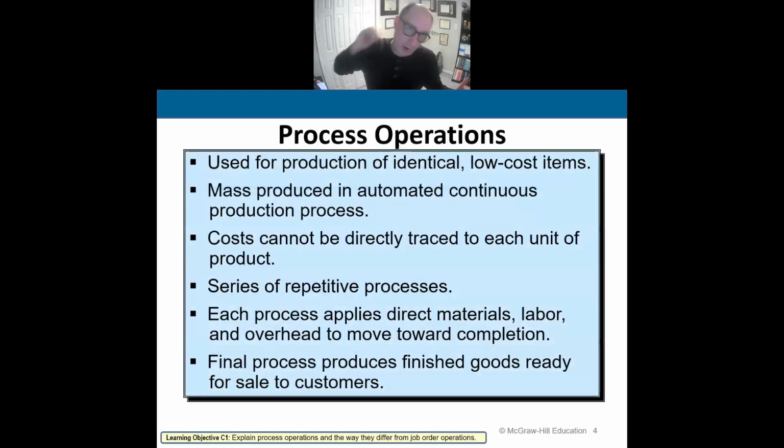So it's different. Process costing, it's the same product made over and over and over again. It's a low cost product. It probably costs, if I had to guess, for a bottle of water, okay? It probably cost Nestle, or whoever made this water, maybe a fraction of a penny, maybe a penny to make one bottle of water.